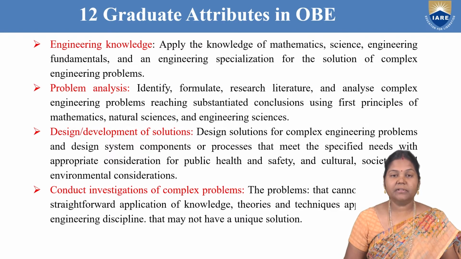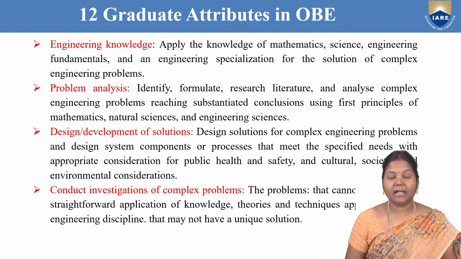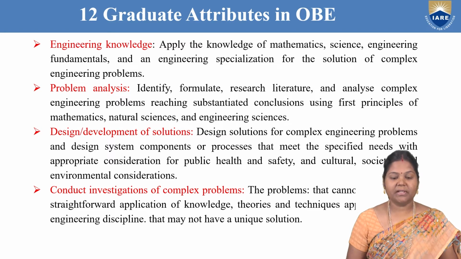That is, after applying the engineering knowledge only, the student should be able to identify, formulate or work on the literature to analyze the problems, and come to a conclusion on how to do problem analysis. For this level, the student should understand various mathematical, natural sciences and engineering sciences also. So it requires different domain expertise.